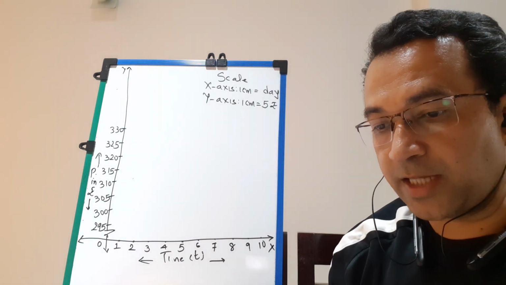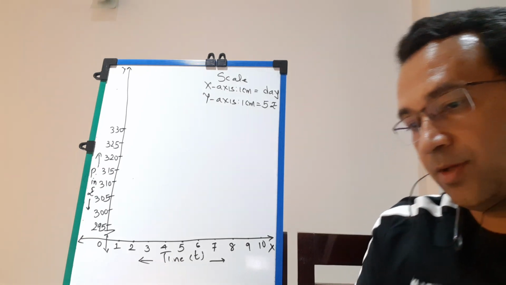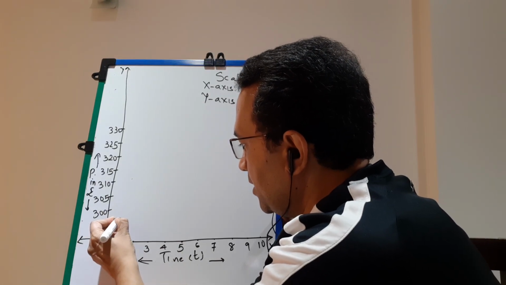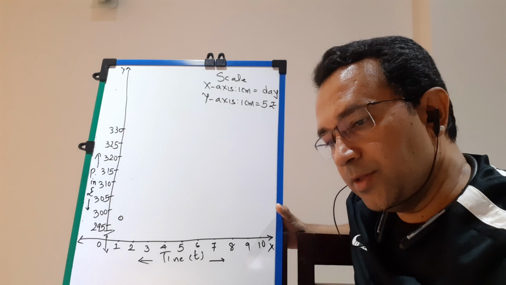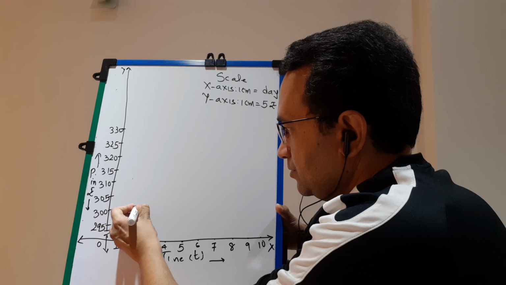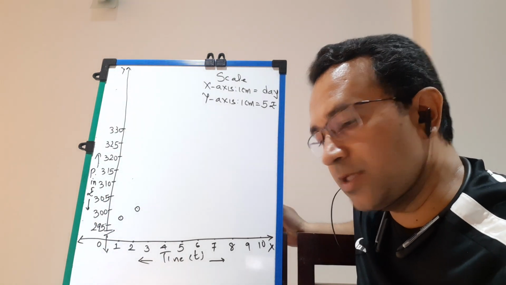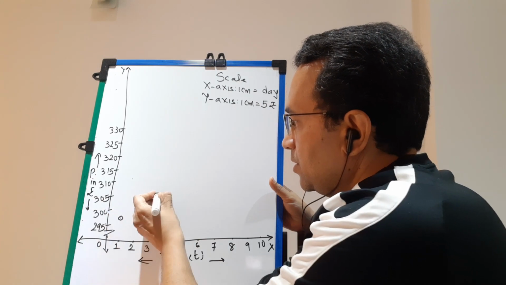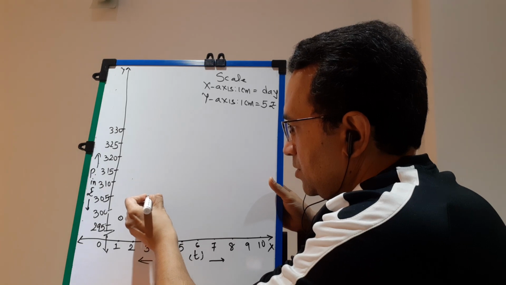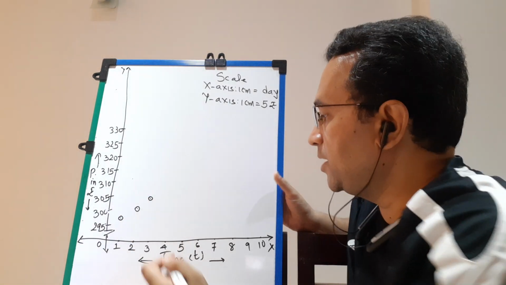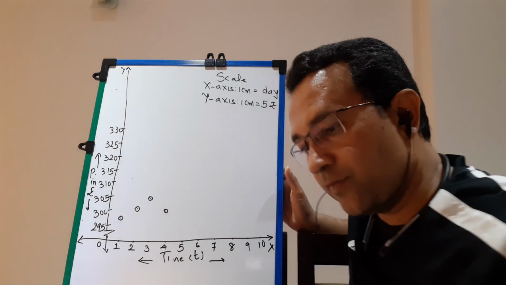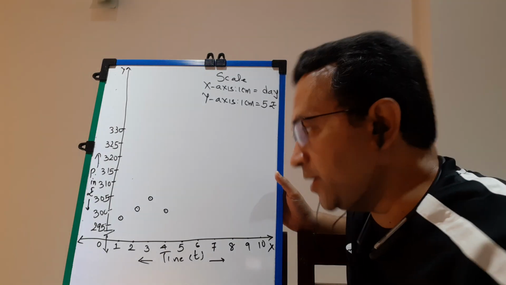For the first day the price is 297. Okay, so for 1 it is 297, so in between of 295 and 300 we can take. Then for 2 it is exactly 300. Then for 3 it is 304. For 4 it is 299, little below 300. For 5 it is 324.